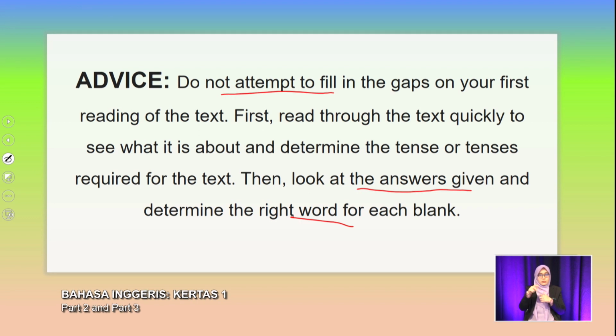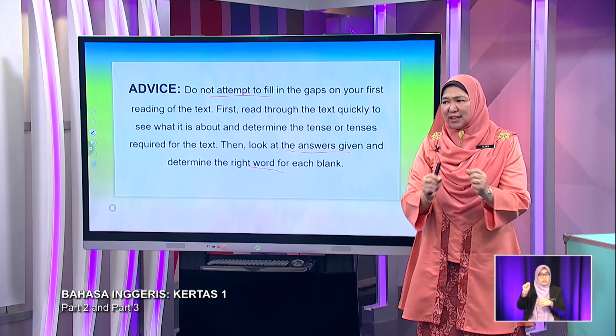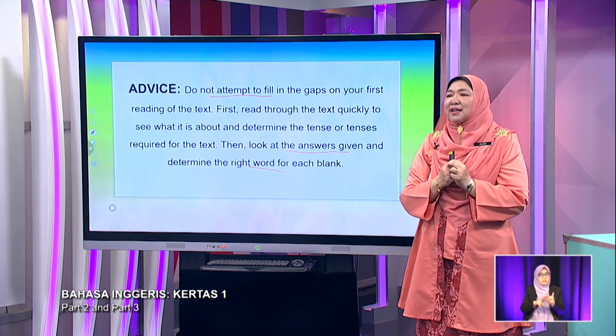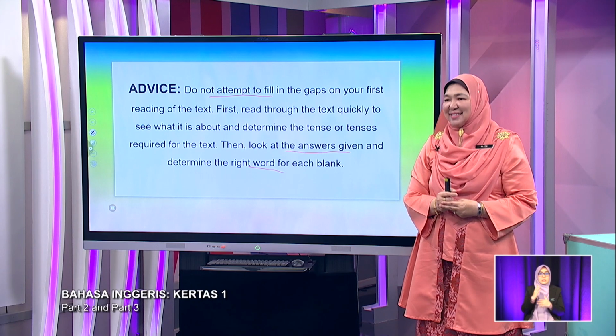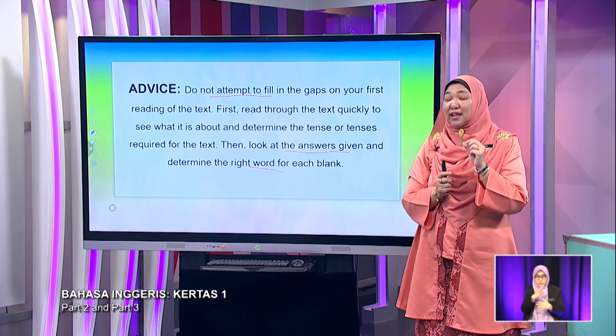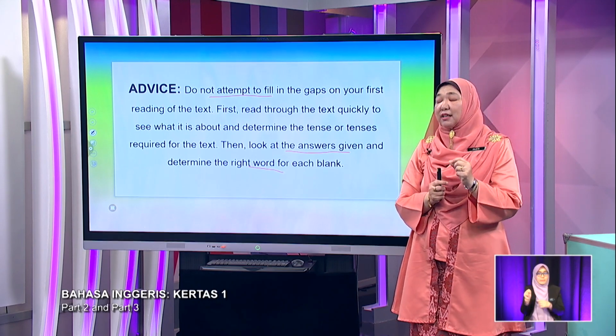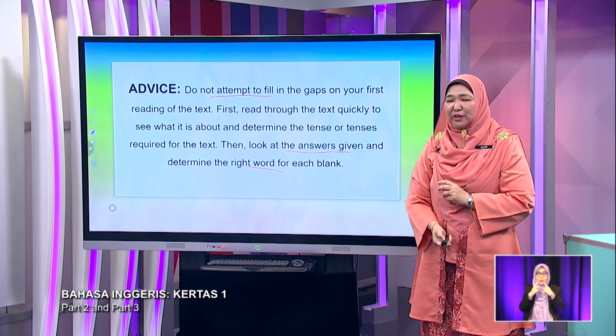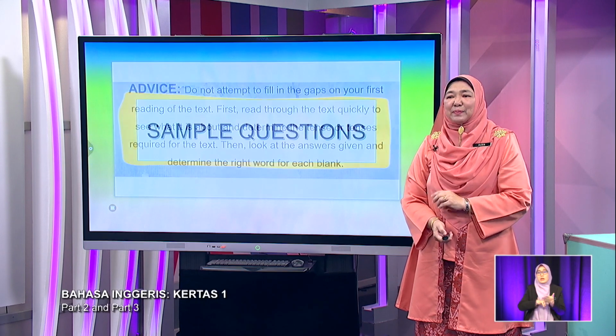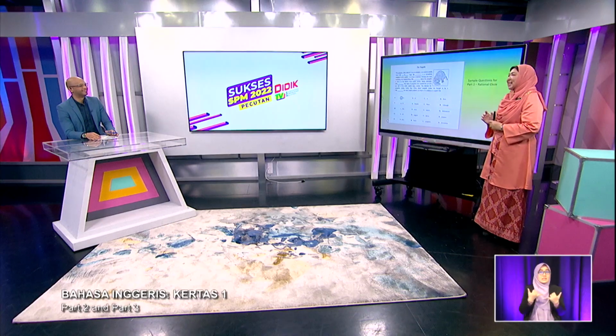Read for the first time to get the gist of the text, then you go to the answers. So don't try to fill in the gaps at the first reading. Next, we are going to look at the sample questions.